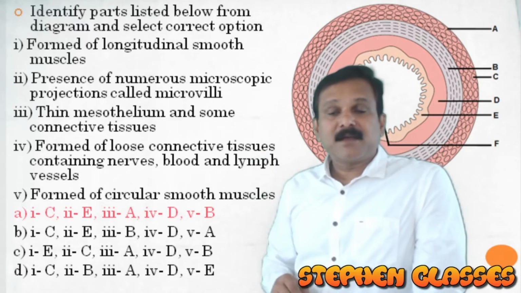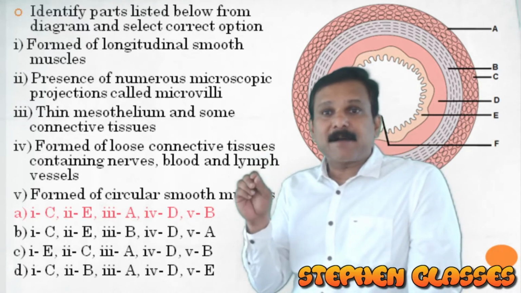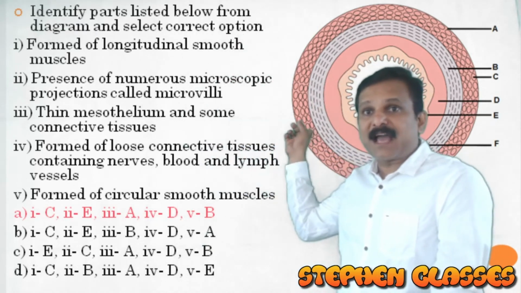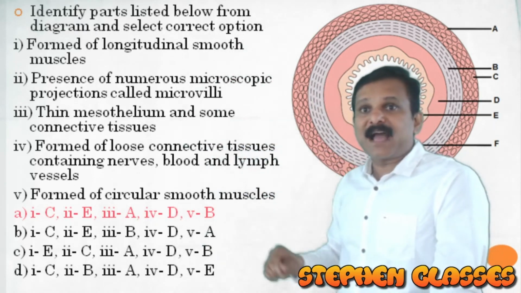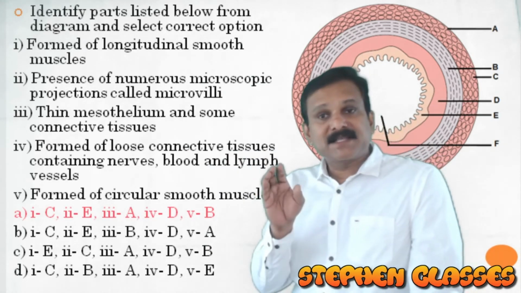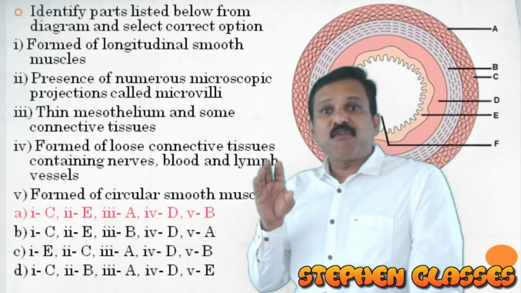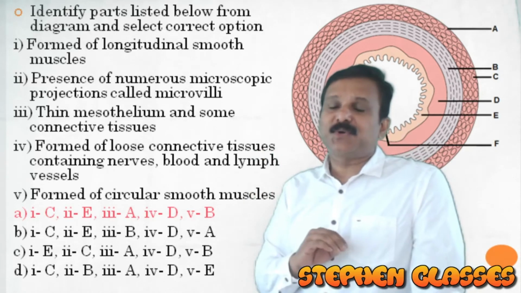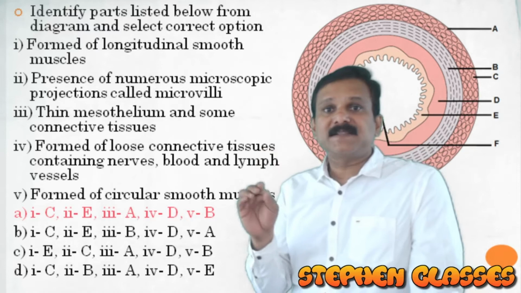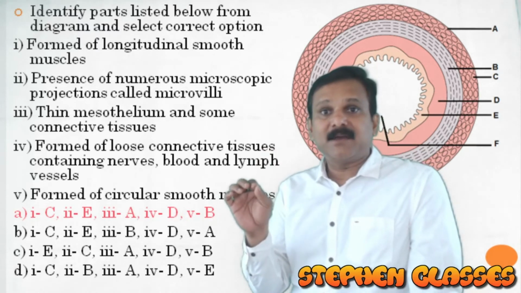Then the third one, thin mesothelium and some connective tissues. That is in the outermost layer, labeled as A. Then formed of loose connective tissue, that is applicable for the submucosa, and the submucosa is labeled as D over here.